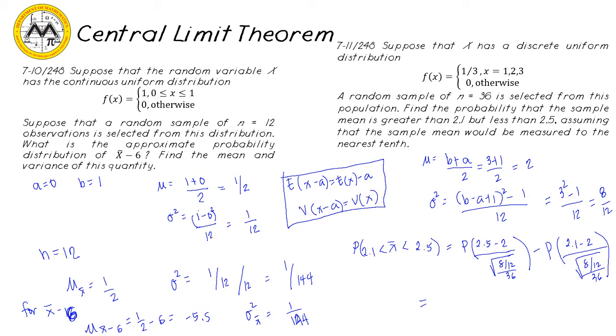So for 2.5 it is 3.67, and for 2.1 it is 0.73.